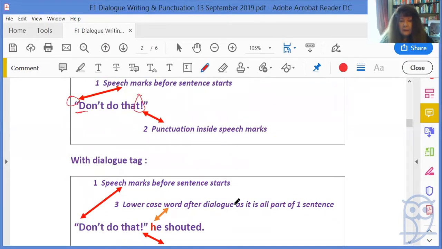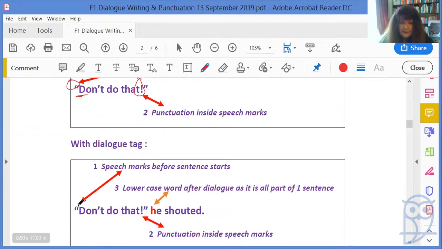Now let's say you've got a dialogue tag. You need speech marks before the sentence starts, obviously, and a capital letter. Number two, the punctuation, of course, again, is inside the speech marks. And a lowercase word after the dialogue when you're going to put in your dialogue tag.